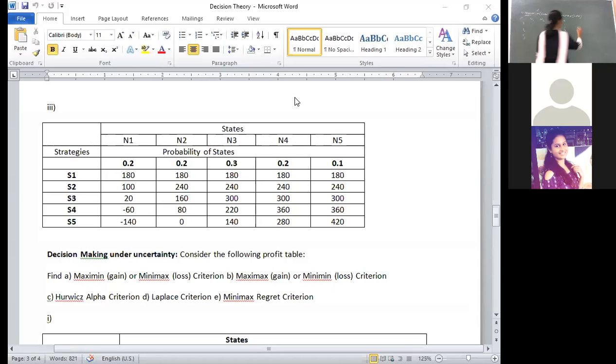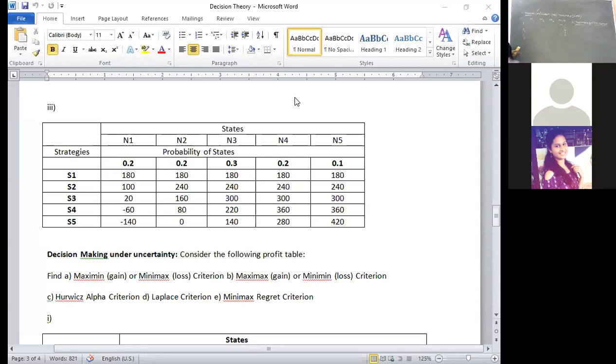Second one is maximax or minimin. Whenever you are talking about minimum, you are talking about cost. Whenever you are talking about maximum, that means you are talking about profit.